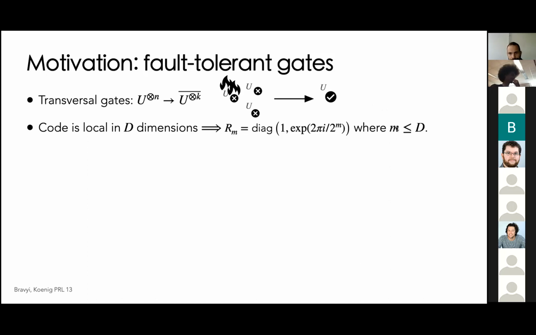The Bravyi-König result says that this angle is restricted by the dimension in which your code lives. And in particular, if D is equal to 2, then you're restricted to only being able to perform Clifford gates. There exists no short depth circuit that will allow you to perform T gates on the encoded information.